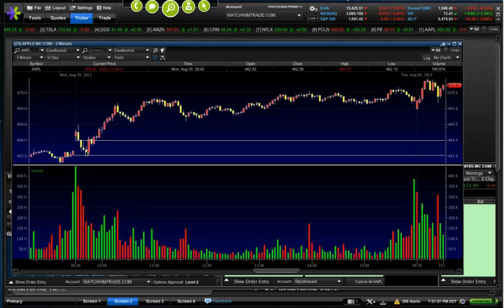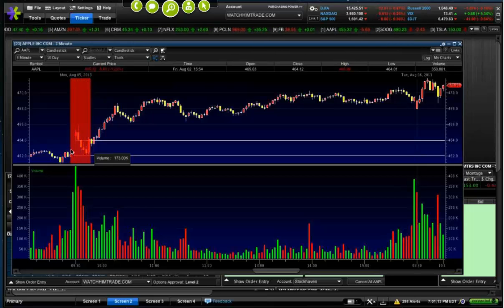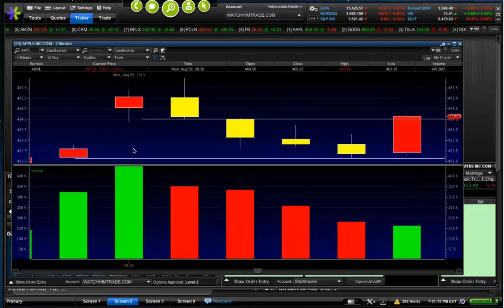Look at Apple's low, 462.15, and then look at this price action here at 9:45. Makes up the losses from that move lower and closes above the initial 3-minute low and the initial 6-minute low.